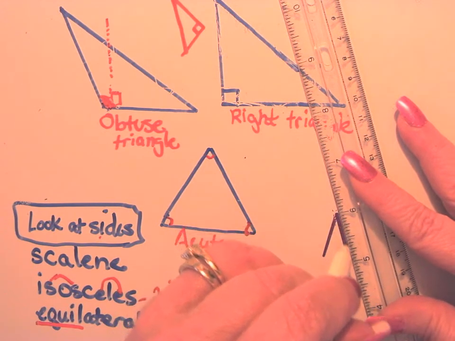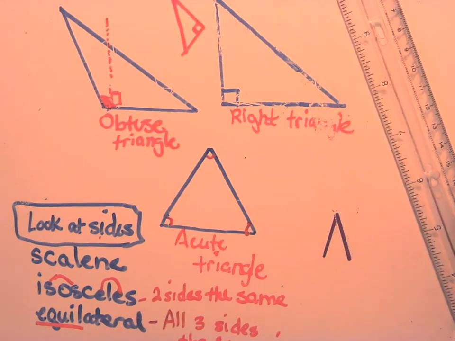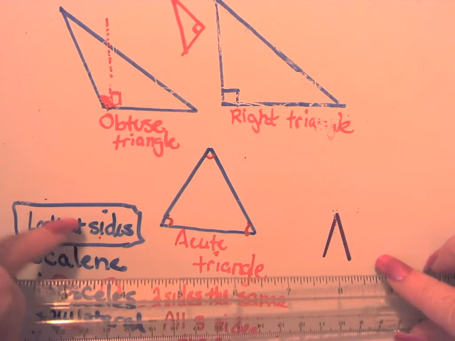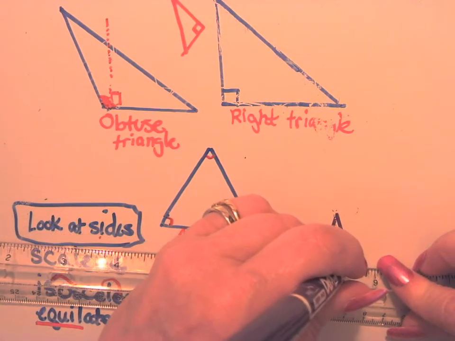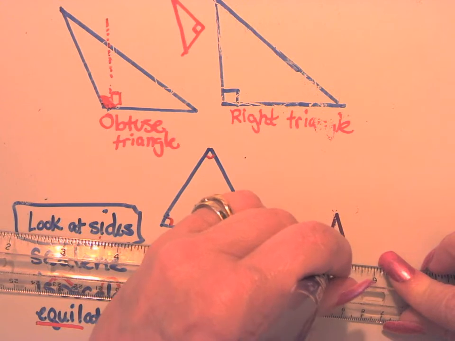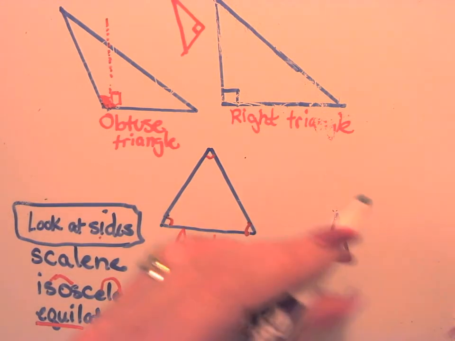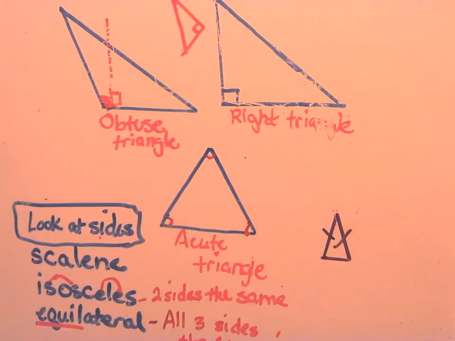So I'll take that down like that. 5 to 6, 5 to 6, and then I connect them together, and they're not going to be 5 to 6, it's about half that size. Connect them together. Now I know that this side and this side are exactly the same, but this side is different. So I have two sides the same, one side different. That makes it an isosceles triangle.